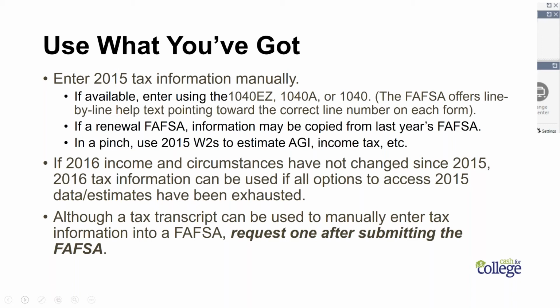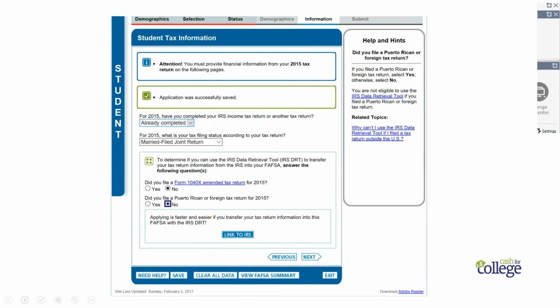Say they've got a priority deadline for their school coming up, they can use their 2015 W-2s, if they have them, to estimate some of those income questions, but they will need to go back and adjust it with the accurate information from a transcript. And so, like I said, if they don't have access to any of those things, they can request one after submitting the FAFSA or before.